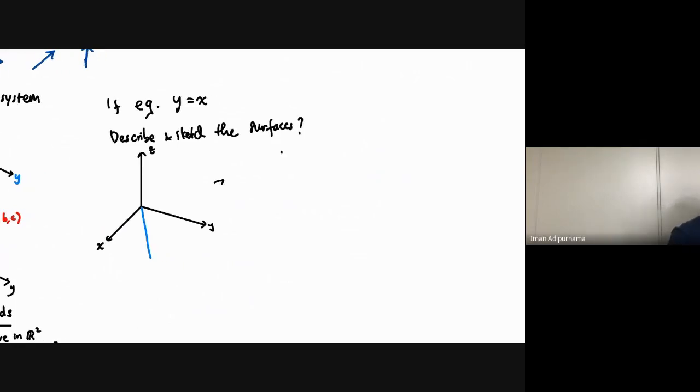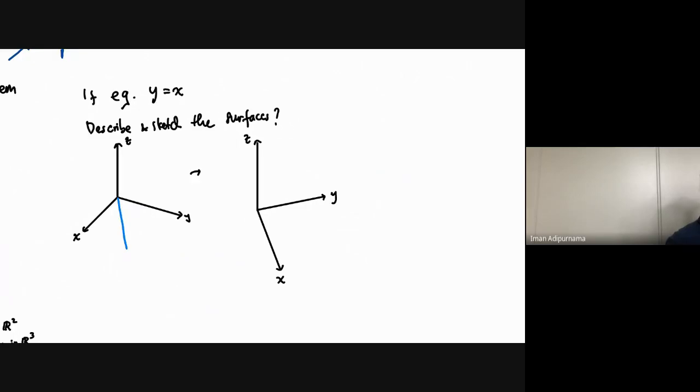So maybe you can have Z here, and then maybe Y is there, and maybe X is here. If you have a graphing website or any software that you can rotate the axis, you will have maybe like that. And the Z level is actually going an infinite amount, right?